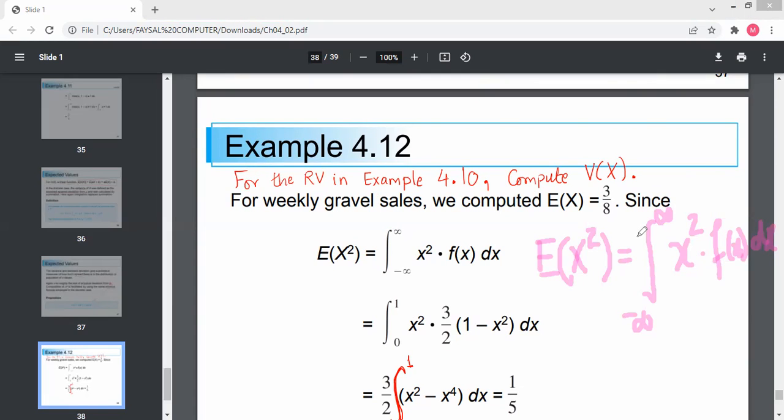So I have to put these limits in my equation, with x square and the f of x value. The f of x value is 3 upon 2 into 1 minus x square. Just give me one second. No problem.